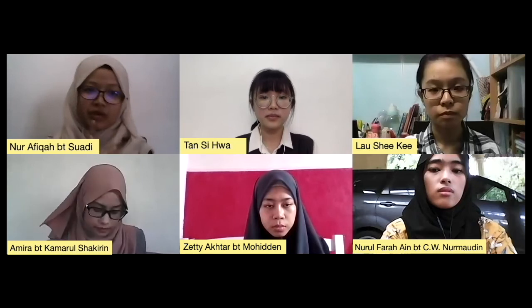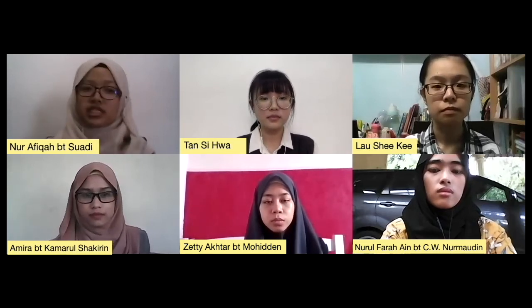So Afika, can you please share with us about the main ingredient that we can use to manufacture our product? Sure, Siva. First of all, as you all know, the main ingredient will be the full cream milk powder, which has 26% of fat content, the water, and the additives.